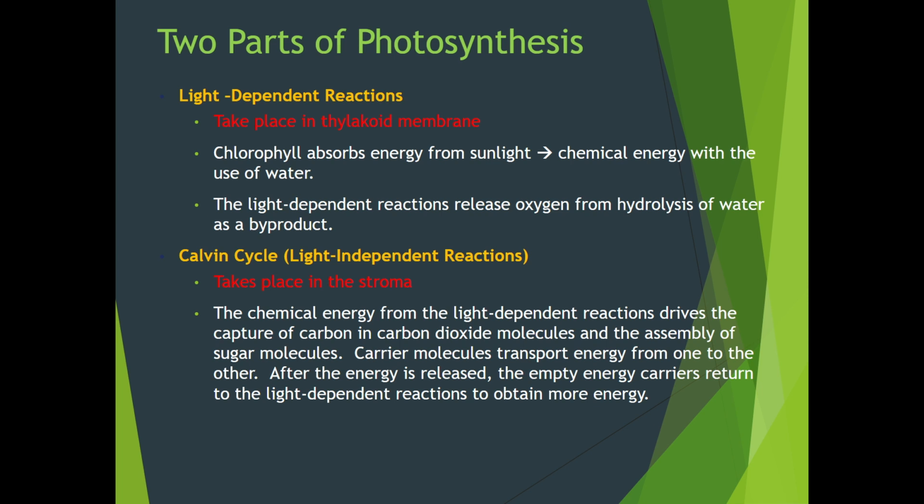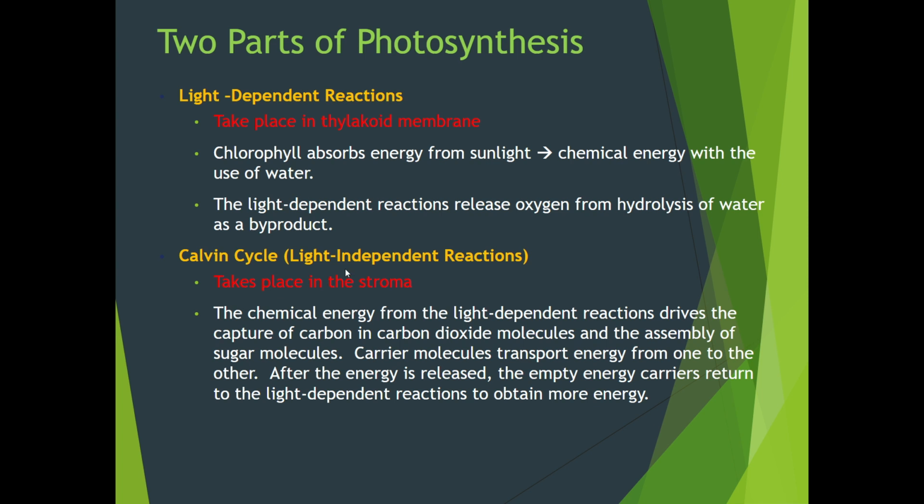There are some energy products produced from the light-dependent reactions, as well as some ATP that help power the Calvin cycle, or the next step. The light-dependent reactions also release oxygen from hydrolysis of water as a byproduct. So it's from the light-dependent reactions we get oxygen via the splitting of water.